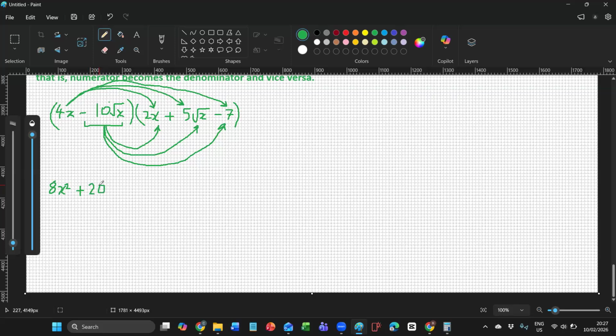Okay, x by itself is like saying x raised to the power 1, and this is x raised to the power of half. That means x times x raised to the power half is the same thing as x raised to the power of 1 and a half. Do you agree with that?